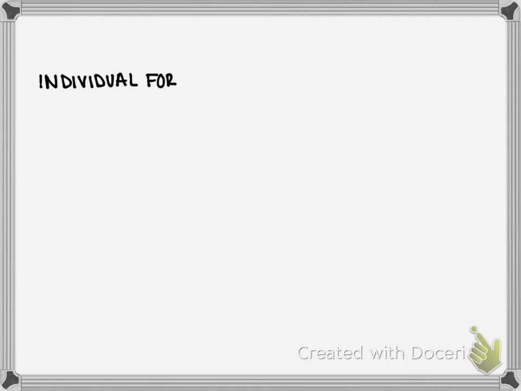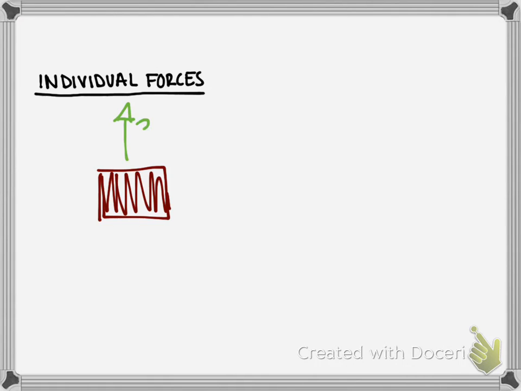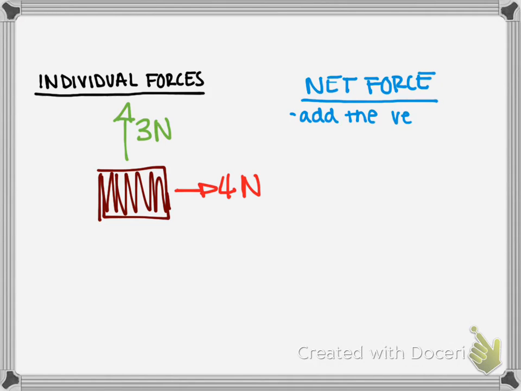In these scenarios, you have individual forces, one pointing up 3 newtons and another pointing 4 newtons to the right. So in order to add these y and x components, you have to use the Pythagorean theorem, or maybe some of you know the 3, 4, 5 special right triangle. Because of this, you know that the net force is equal to 5 newtons.